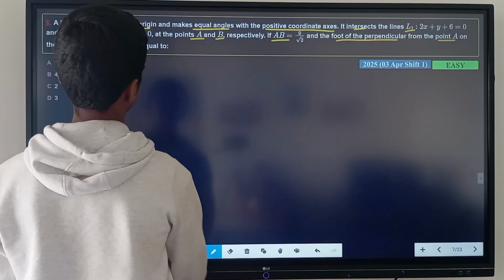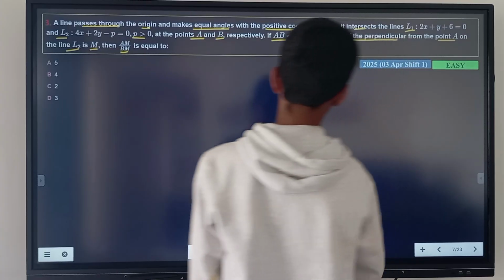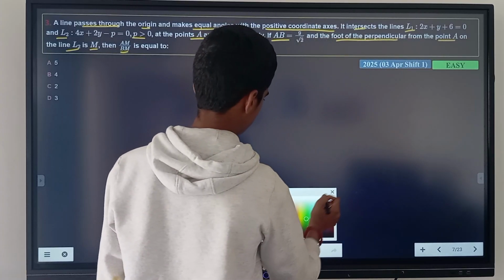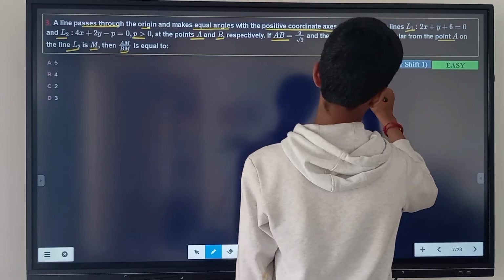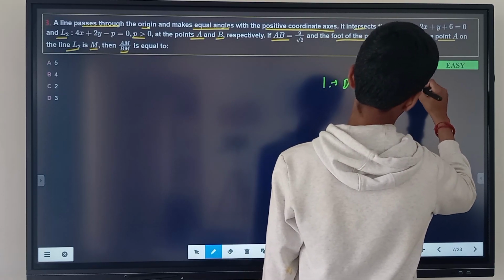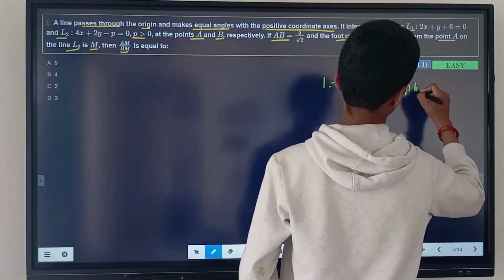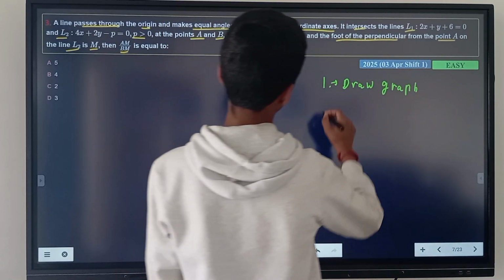So again, here in this question, first step will be draw graph. First step is draw graph.